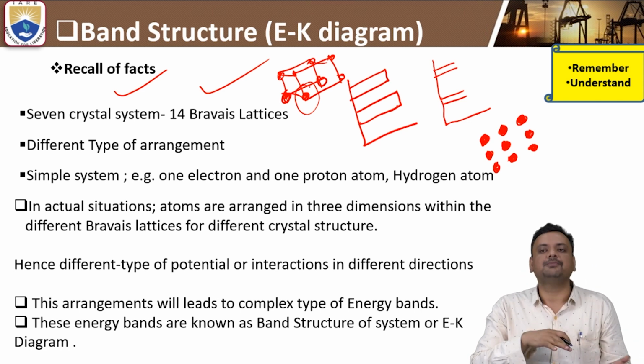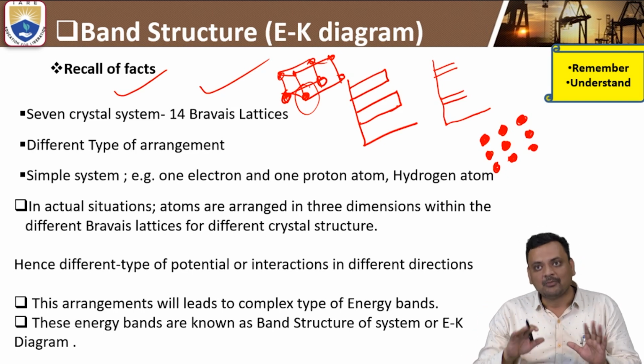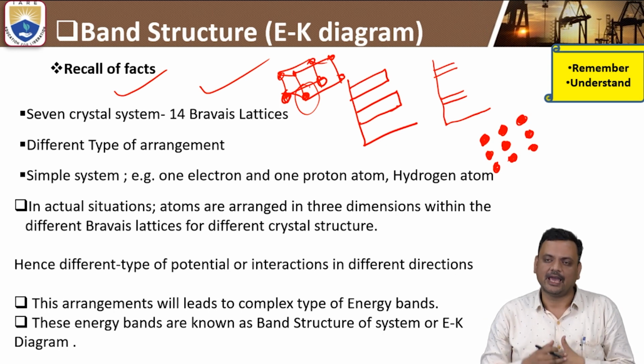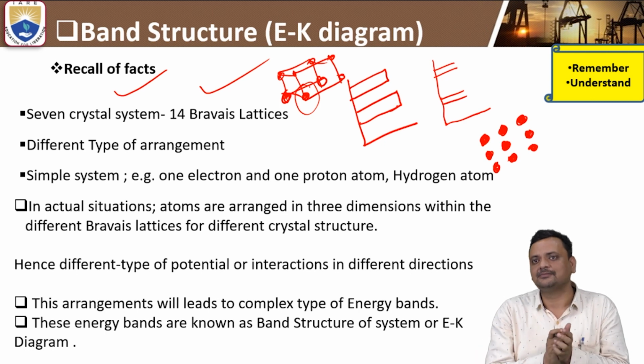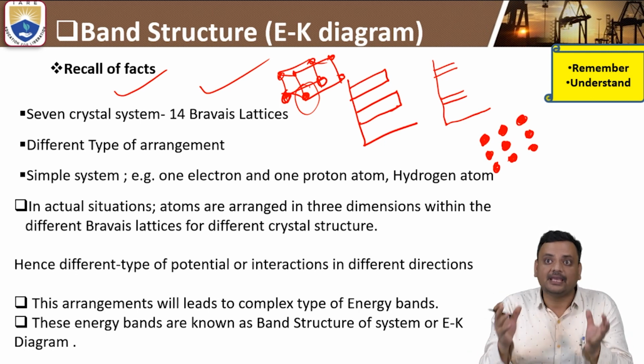Now if it goes to BCC, FCC, or monoclinic, triclinic, rhombohedral, hexagonal, then according to that you can imagine the potential around any atom.